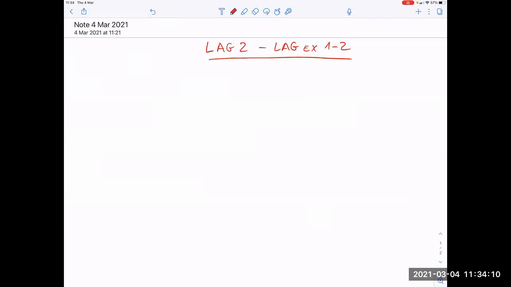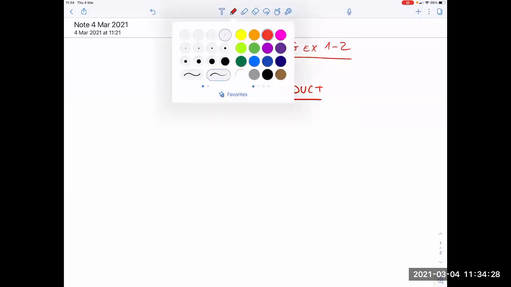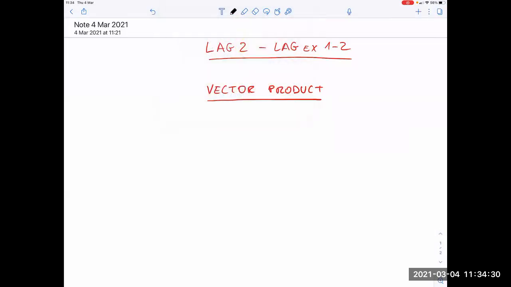So what we do today is see the formula for the computation of the vector product. So we finish speaking about vector product, and I recall to you the basic properties we saw about the vector product of vectors.